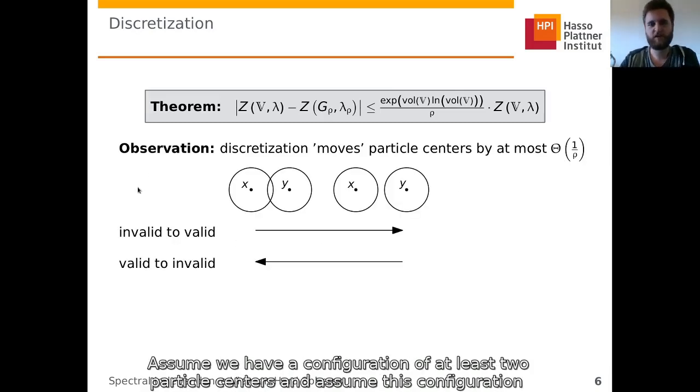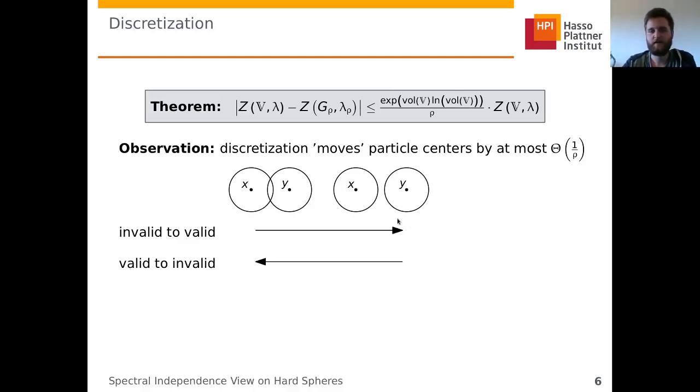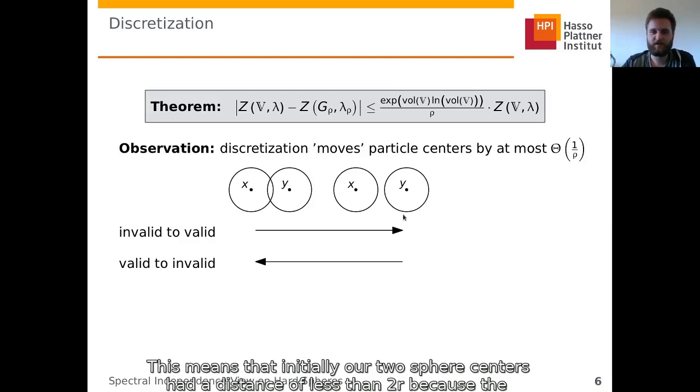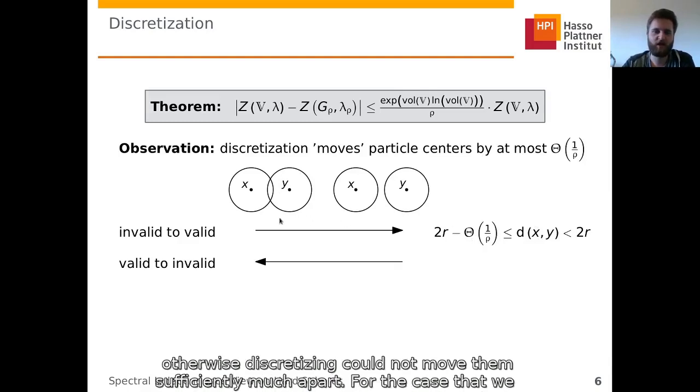Assume we have a configuration of at least 2 particle centers, and assume this configuration turns from an invalid configuration to a valid configuration by discretizing. So this means that initially our 2 sphere centers had a distance of less than 2r because the spheres were overlapping, but it was not less than 2r minus 1 divided by the resolution, otherwise discretizing could not move them sufficiently far apart.